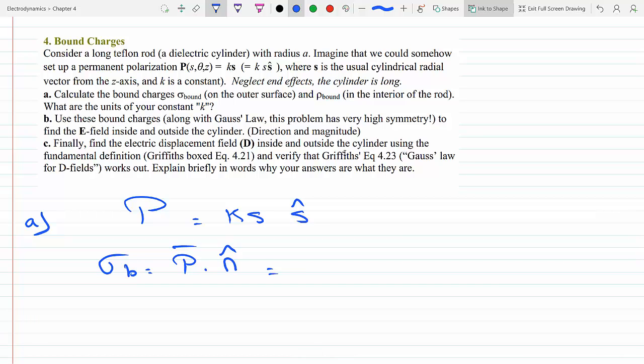So this will be P, which is Ks in the S direction, dotted with vector n. Now S and n are unit vectors, and since S is the radial vector from the z-axis, so is n, so they point in the same direction, so their dot product would be 1, and therefore I would get just Ks. So that means my sigma b is just Ks.